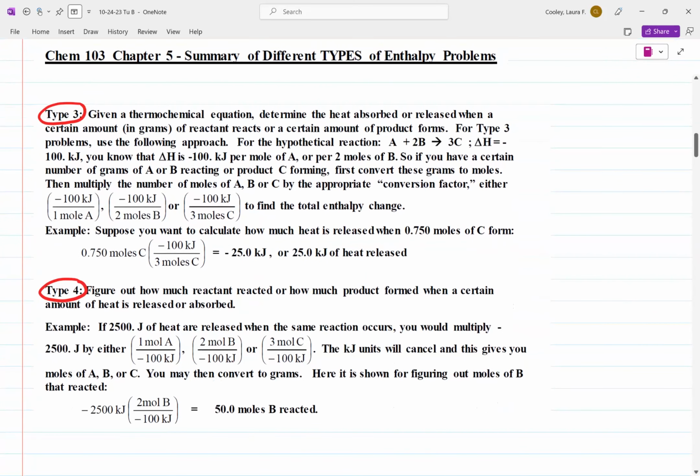A type 3 problem is when you're given a thermochemical equation and you determine the amount of heat when a certain amount of reactant reacts. A type 4 problem is when you figure out how much reactant reacted or how much product formed when you're given a certain amount of heat. You can go and look at these and compare them to the problems we just did. Maybe it helps you that I have this compilation of the types of enthalpy problems. I hope so. That's why I do it.